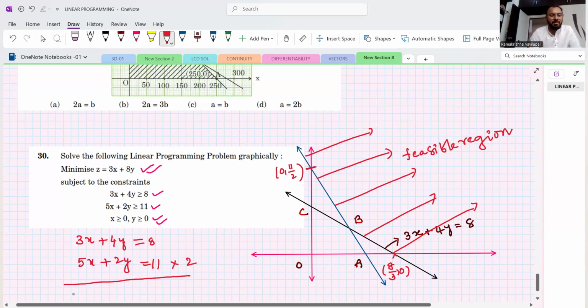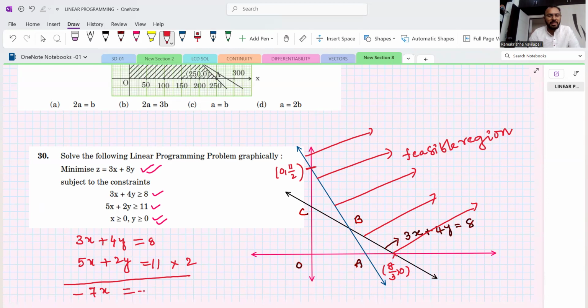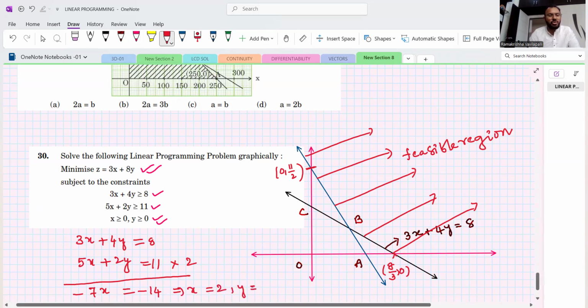You will get minus 7x equal to 8 minus 22, that is minus 14. So you will get x equal to 2. When x is 2, y is equal to 1 by 2. So this point is (2, 1 by 2).